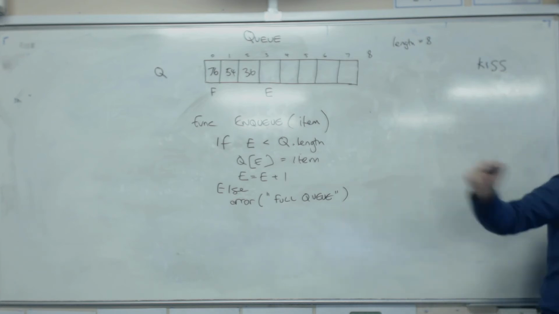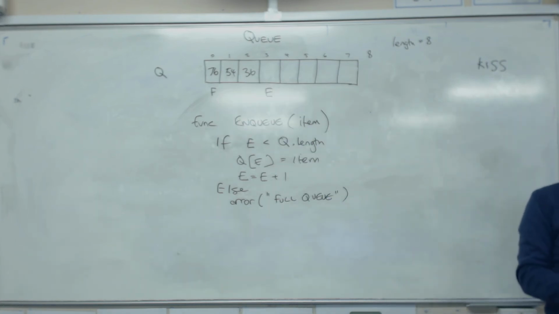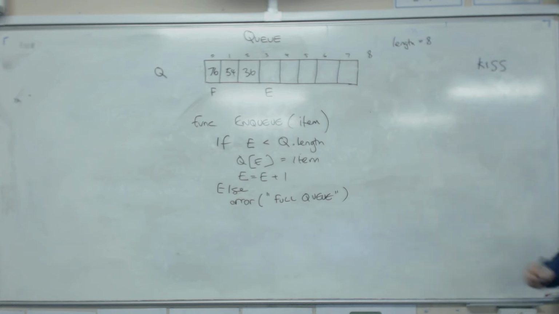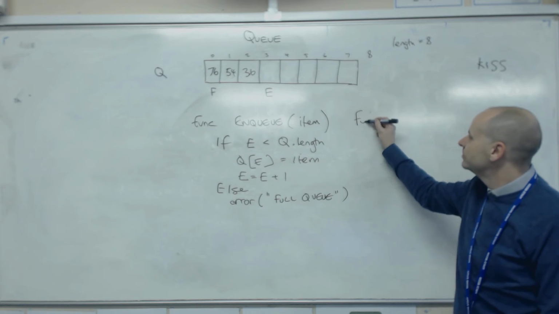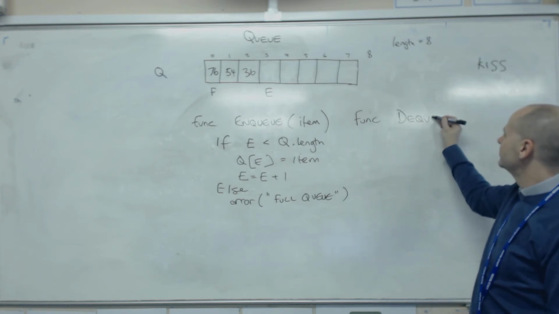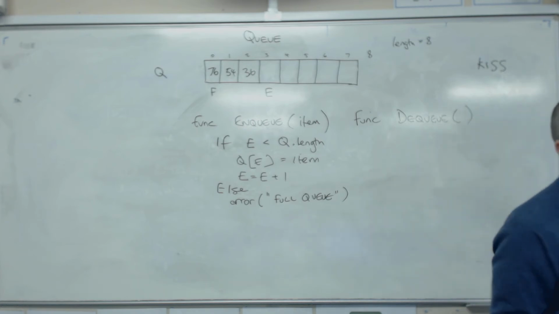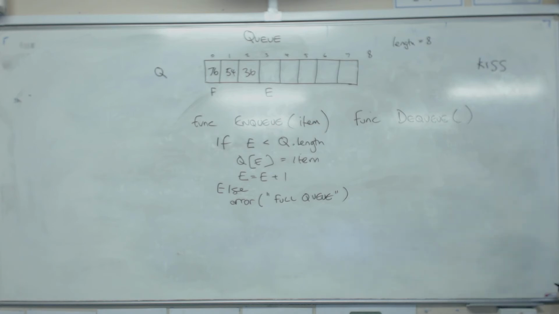Remember, in this case, the front pointer points to the first item in the queue, so we're already at the first item. So F in this case. No parameters needed because it's just going to give us what's at the front of the queue.